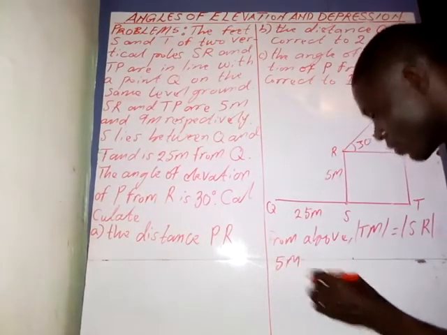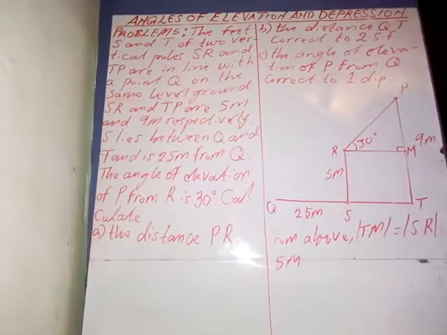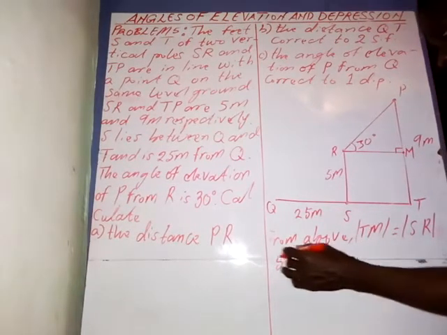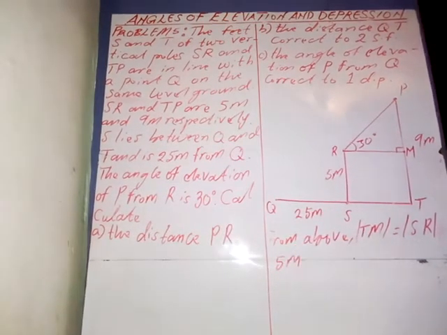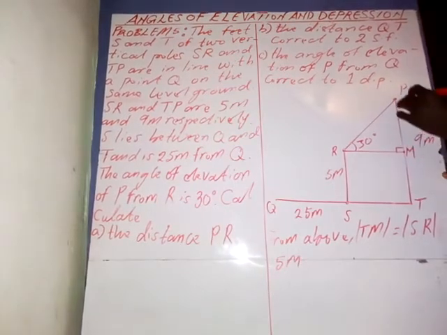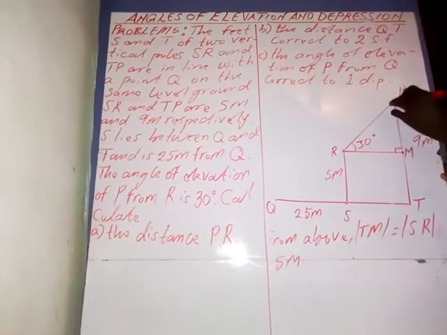That is, TM equals 5 meters. So if TM equals 5 meters, what is PM?